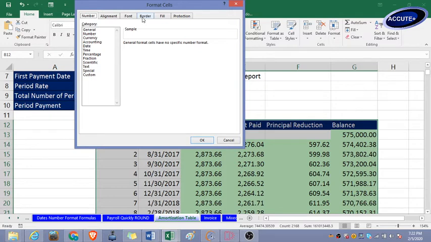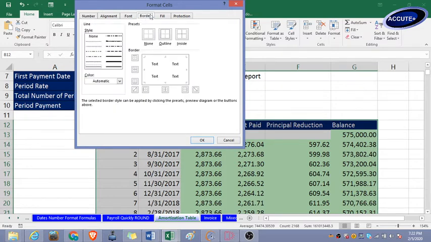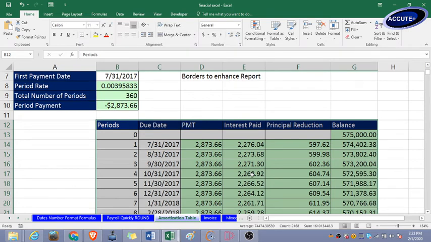So we can go under Border. Here under Border, you would probably want the outline and the inside, and probably that's the thickness of the border that you would want. If you say OK, you have these borders here, but probably what you would want is that the lines in between the columns must be thick.